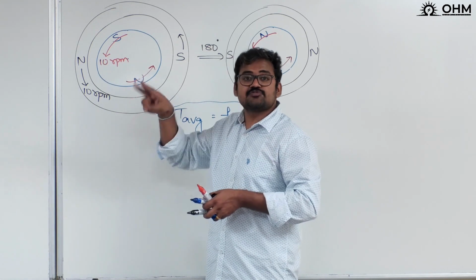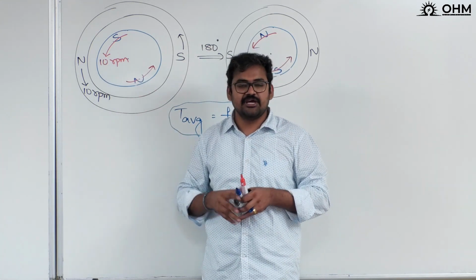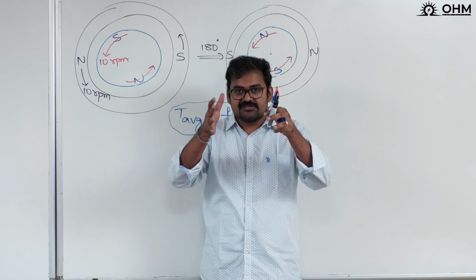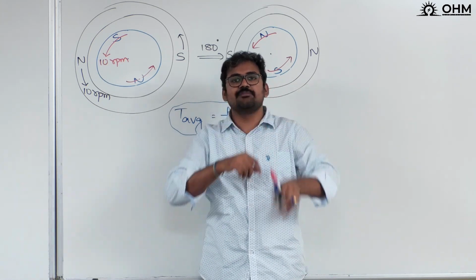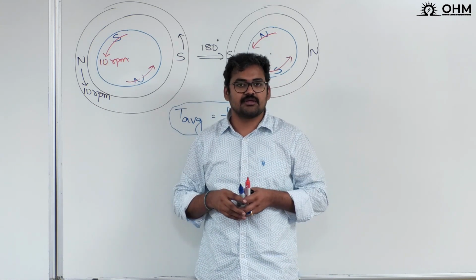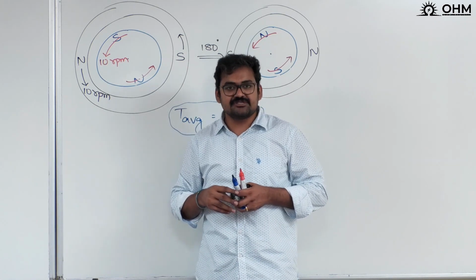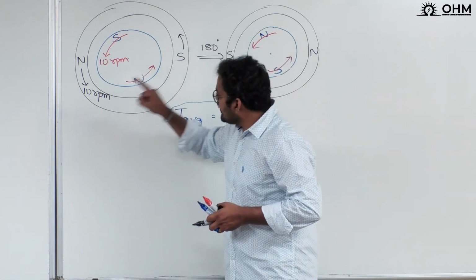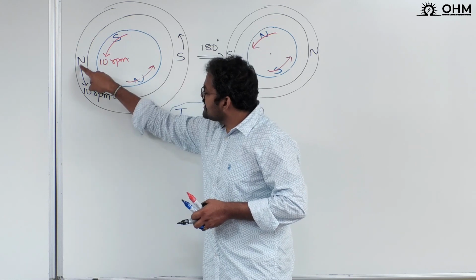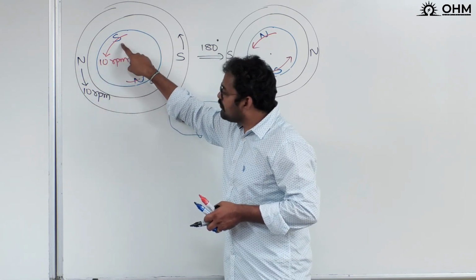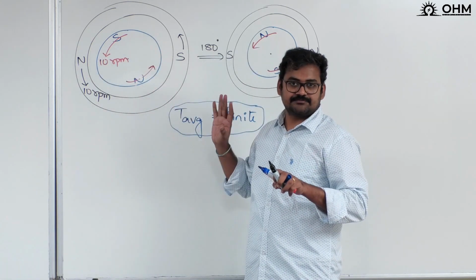Both poles are rotating in the same direction with the same speed. Therefore, what is the relative speed between these two? 0. Am I right? If two objects are moving in the same direction with the same speed, the relative speed between the two becomes 0. So therefore, the second condition to be satisfied here is the relative speed between stator poles and rotor poles must be equal to 0.